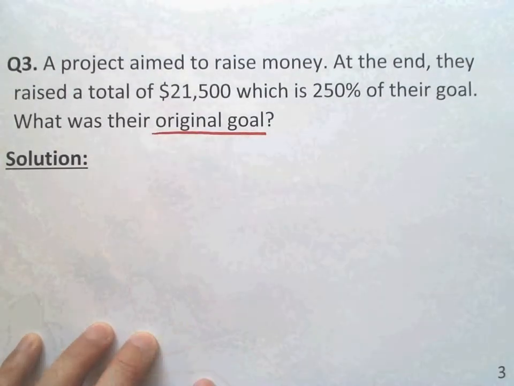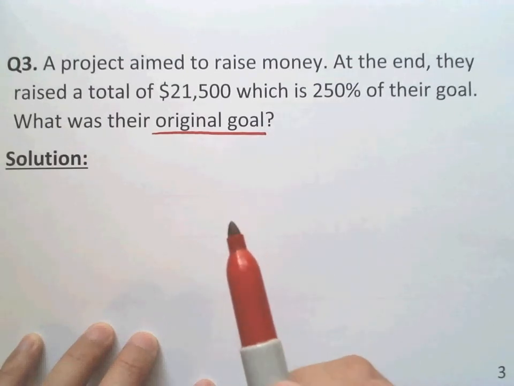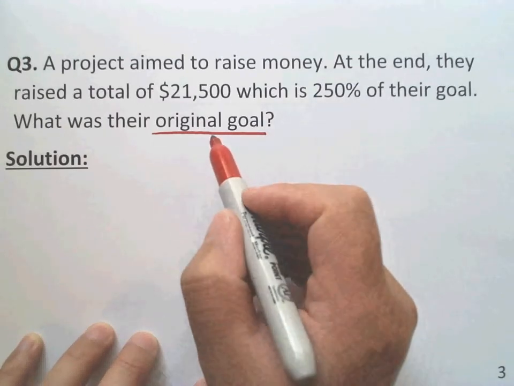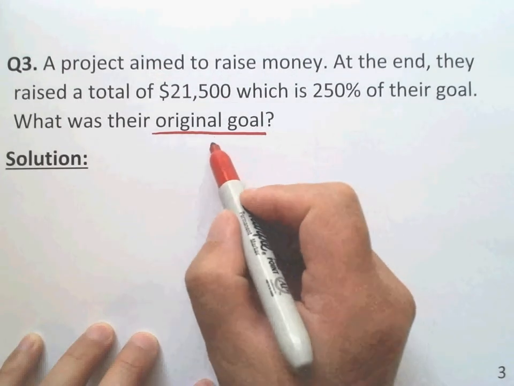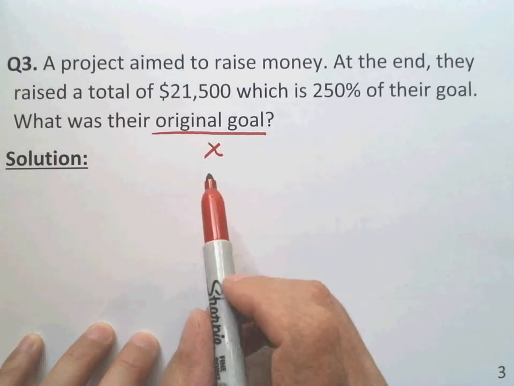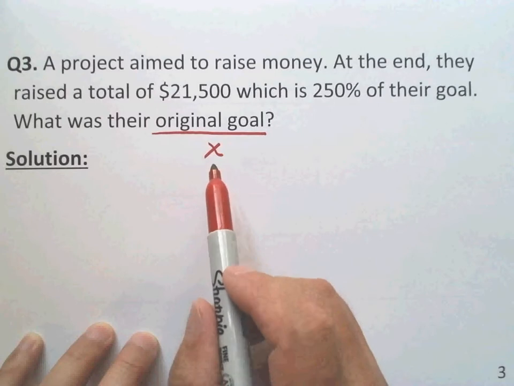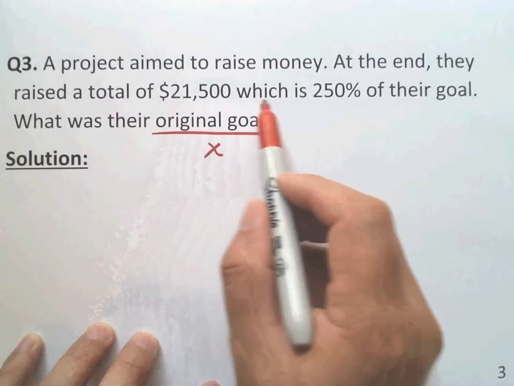For this question, the best way is basic algebra. This is the variable we need to solve. Let me set it up as x, and we set up a simple equation to solve for this variable. What kind of equation do we need to set up? The information is there, right?